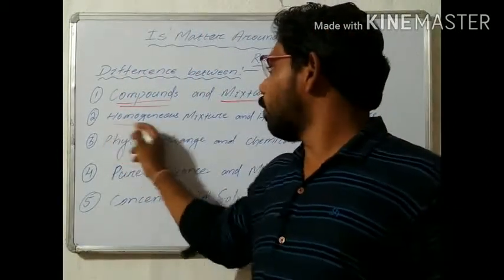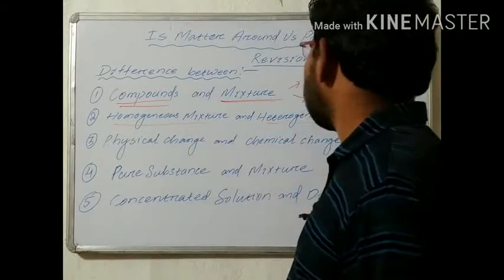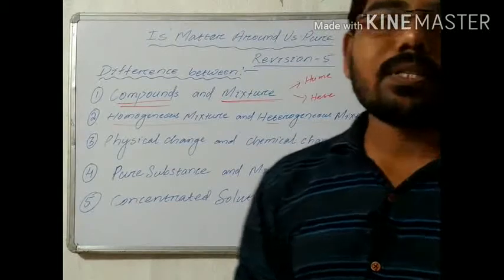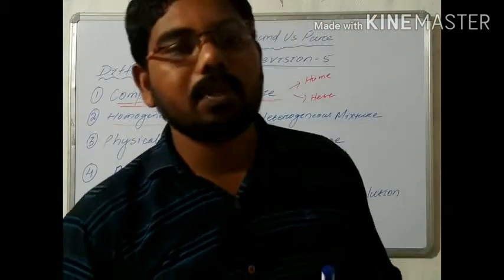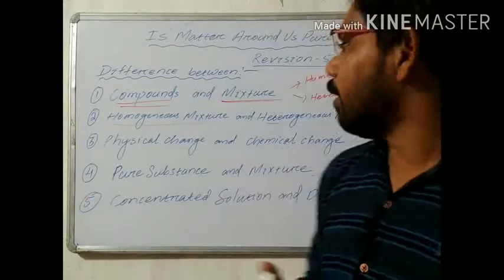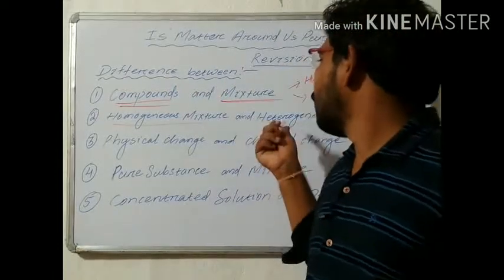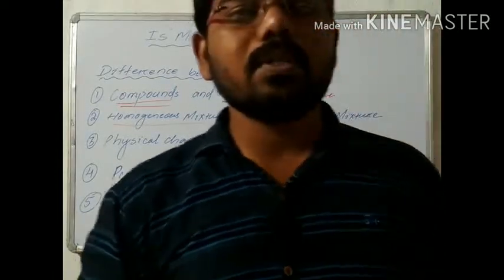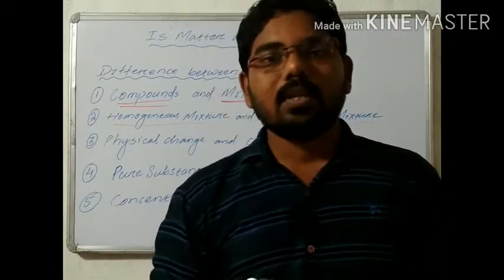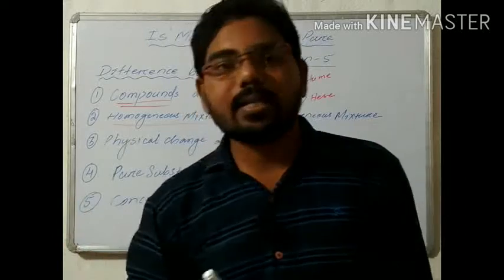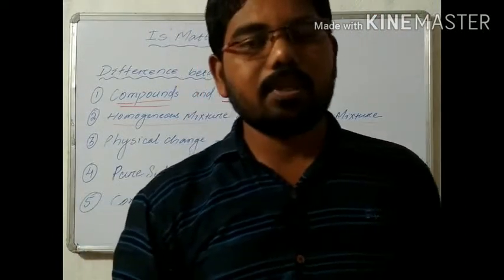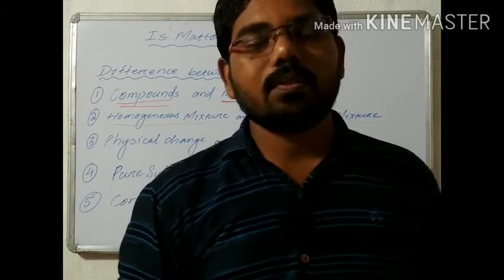Next are homogeneous mixtures and heterogeneous mixtures. Homo means same. The mixture whose composition is uniform or the same is a homogeneous mixture. Hetero means different. When the substances in a mixture do not have a definite composition or uniform ratio, it is a heterogeneous mixture. The example of a homogeneous mixture is NaCl plus water, uniformly dissolved throughout the solution.